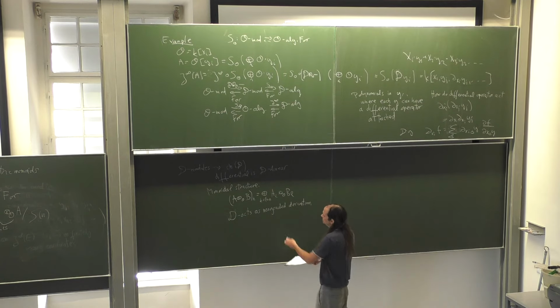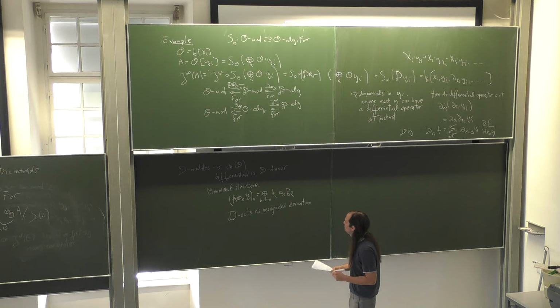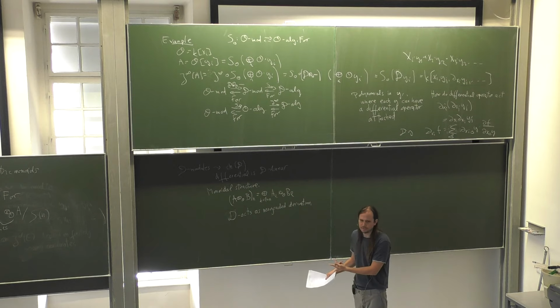And then the differential, of course, acts as a graded derivation. But since you have a monoidal structure, you also have the braiding, which now adds a sign when you interchange two odd guys, right?